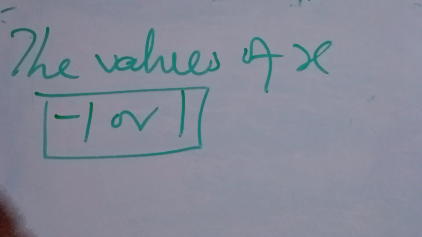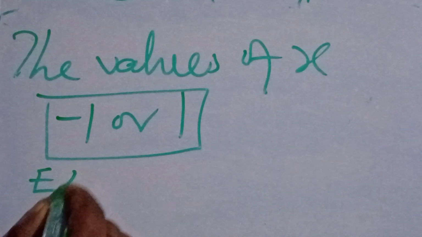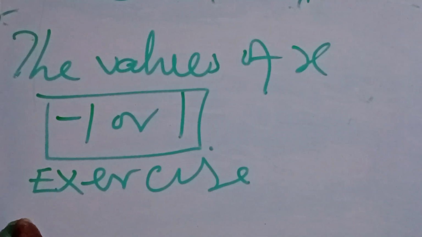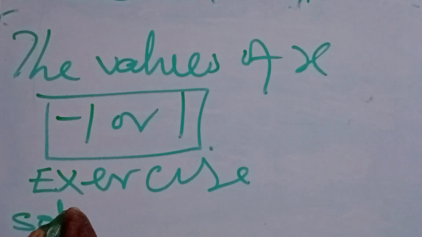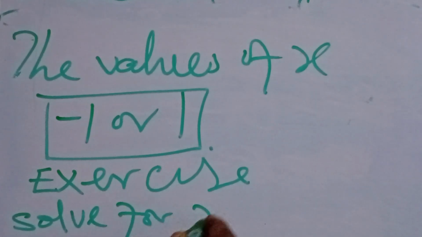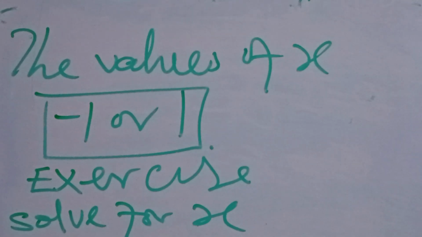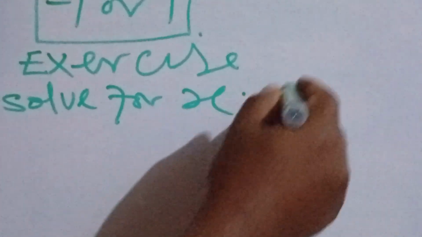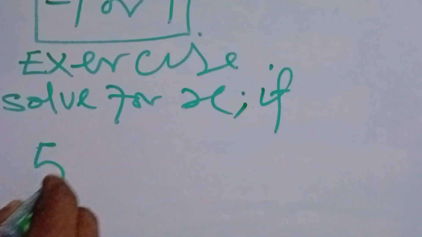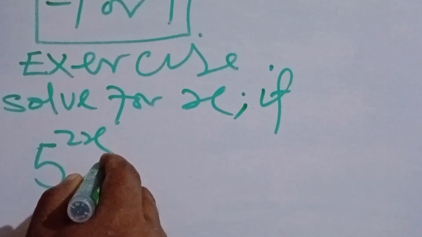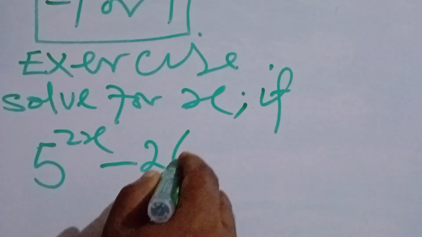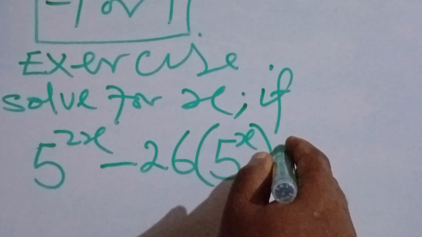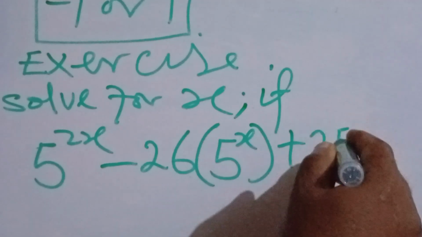Exercise. Solve for x. If 5 raised to the power 2x minus 26(5 raised to the power x) plus 25 equals 0.